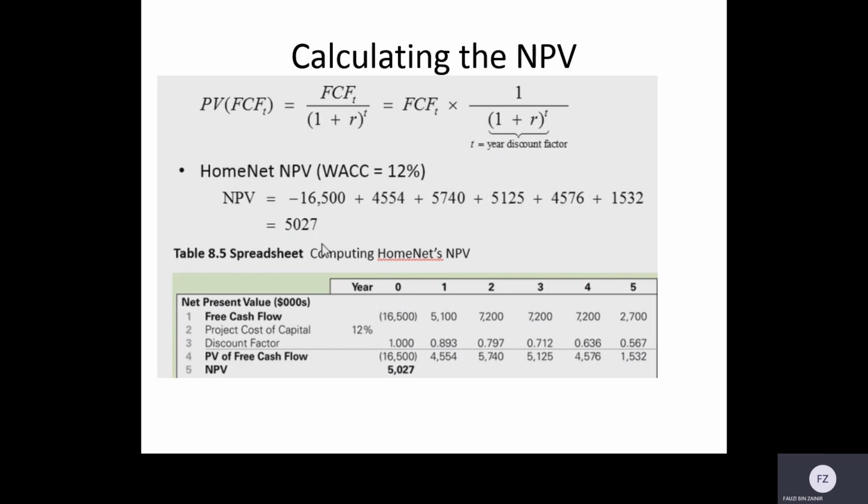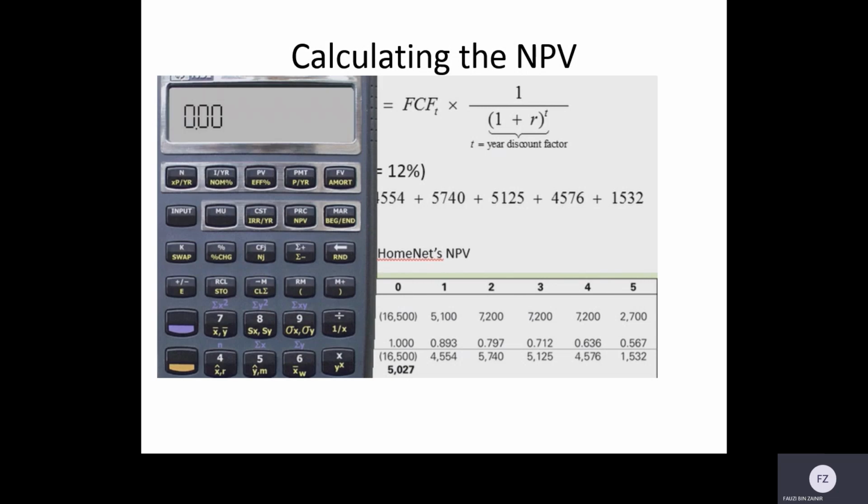So what we're going to do is use our financial calculator. So here we have our financial calculator. The first thing you have to do is reset it: orange and clear all, and check that you have P over YR.